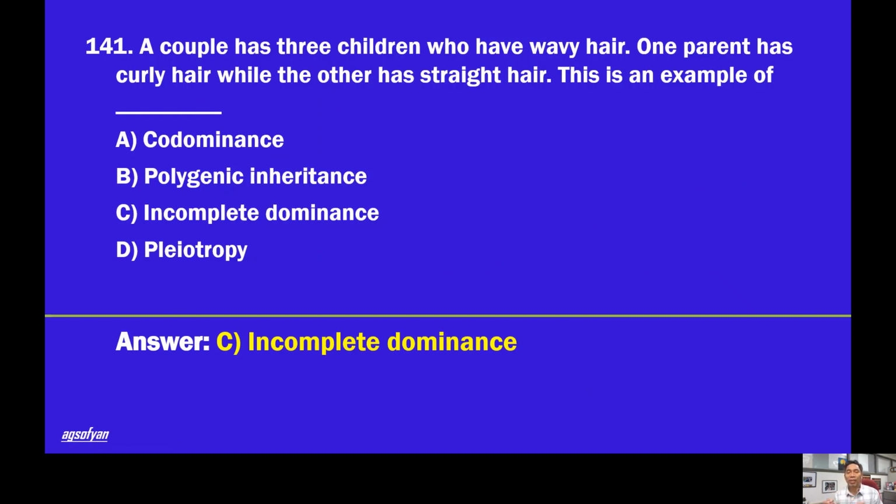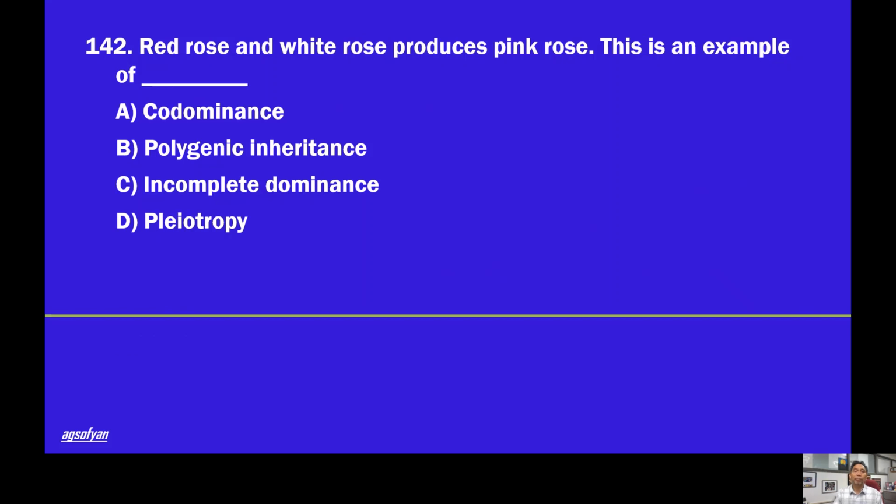So straight and curly are two opposite characters, and because of incomplete dominance, the result will be wavy hair. Another example: if we combine red and white, then the middle color will be pink. The red is not dominant over the white, therefore it gives the middle characteristic. That's what we call incomplete dominance.